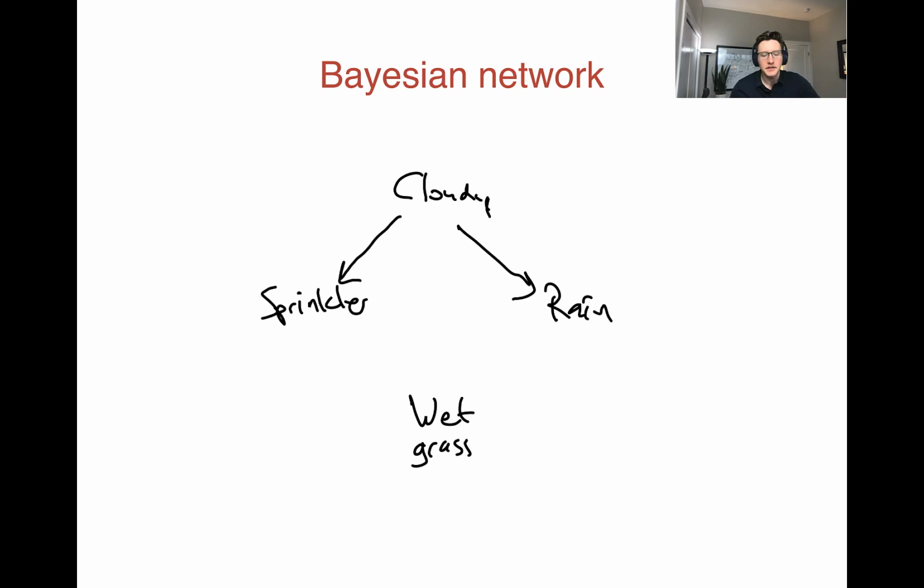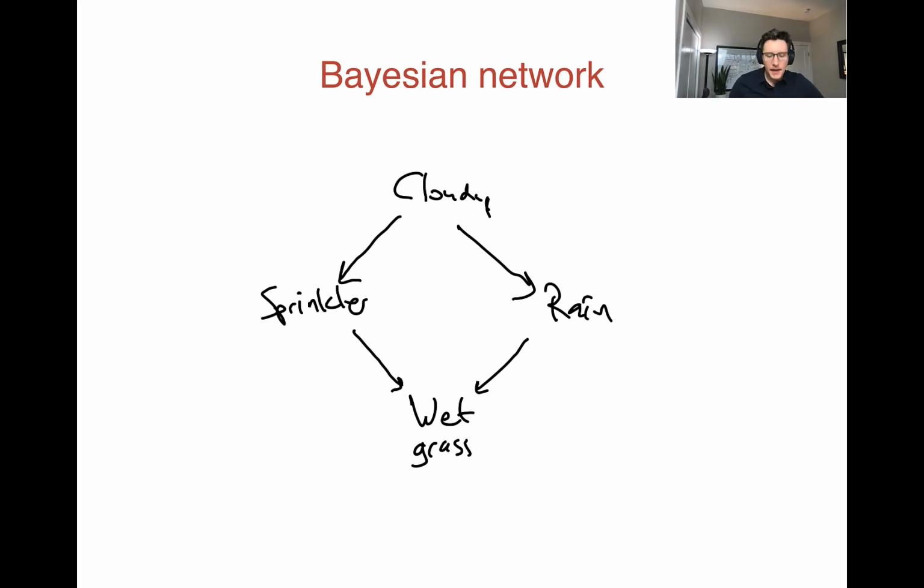There's a conditional dependence there. And then that means that wet grass is a function of both sprinkler and rain. If either the sprinkler is turned on or it rained, then the grass is wet. Note that we don't draw an arrow from cloudy to wet grass because the clouds themselves don't cause the wet grass. It's just the rain and the sprinkler.